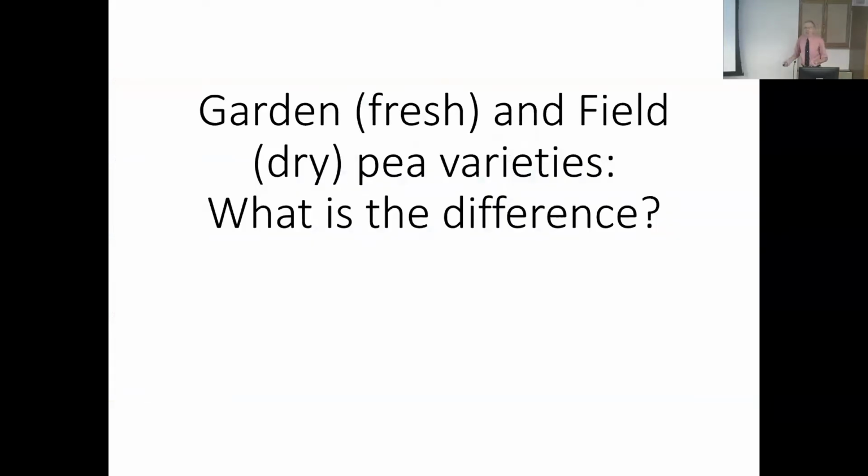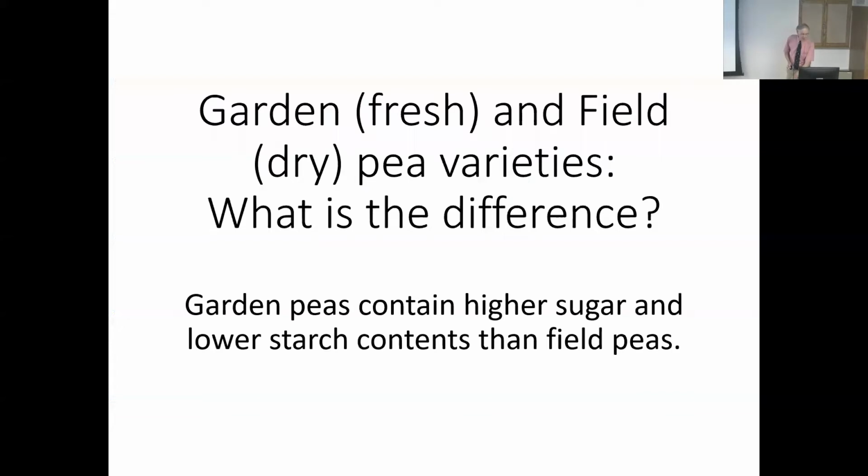But then you might ask, what's the difference between garden peas and field dry peas? The main difference is that garden peas have a higher sugar content, and those are the ones we get as frozen peas.